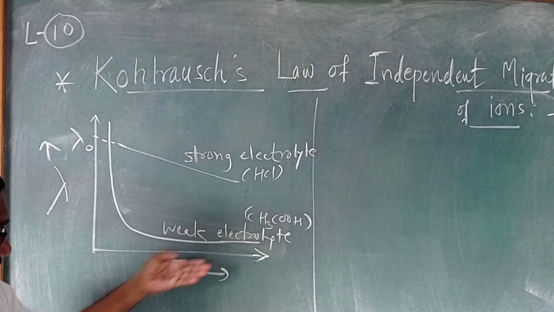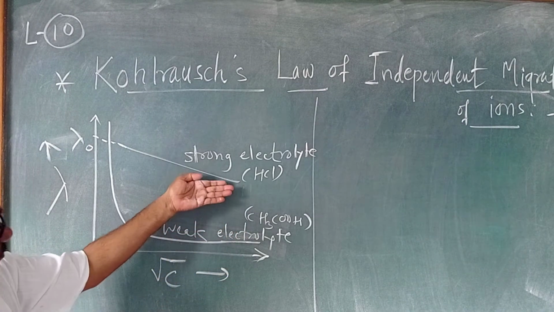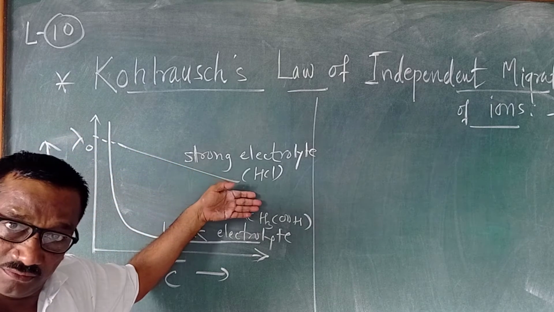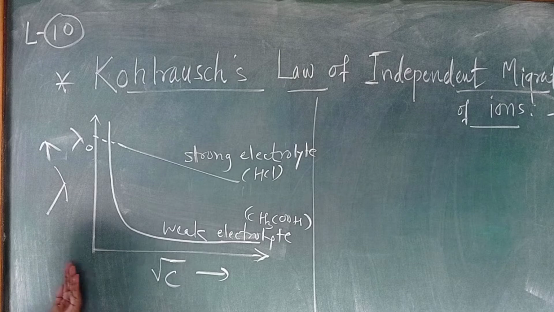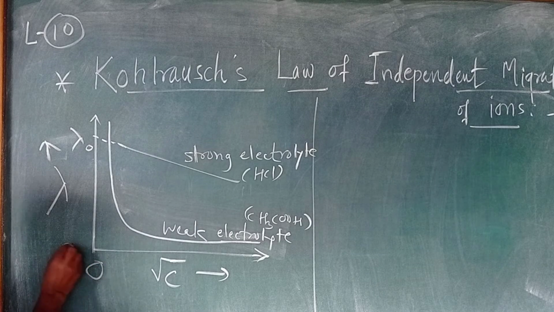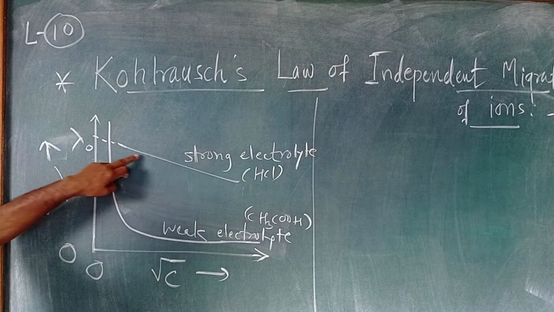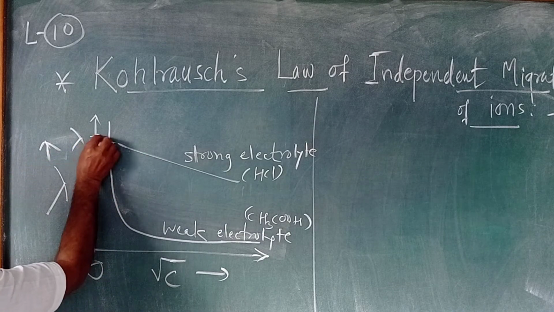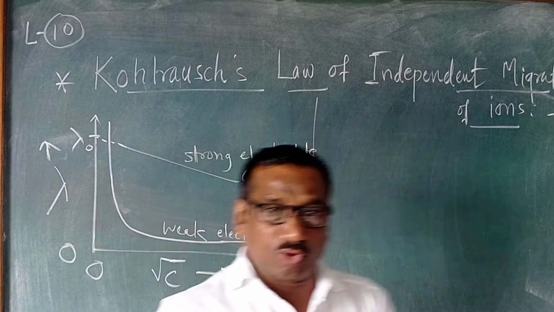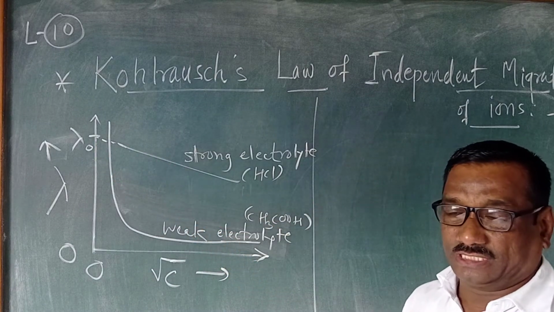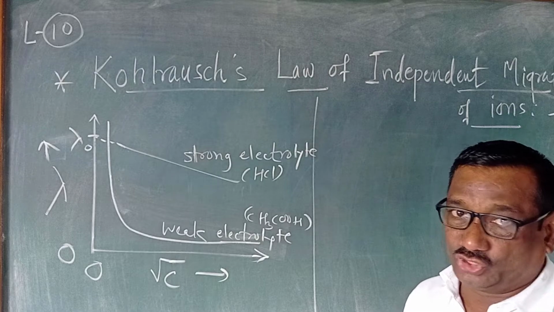As the concentration goes on increasing, the equivalent conductance goes on decreasing. As the concentration decreases towards 0, the equivalent conductance goes on increasing, and by extrapolation of this line, you will get the equivalent conductance at 0 concentration.